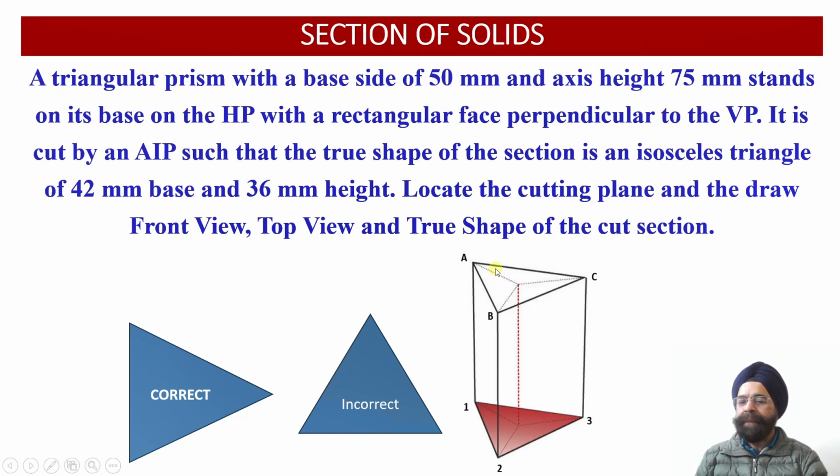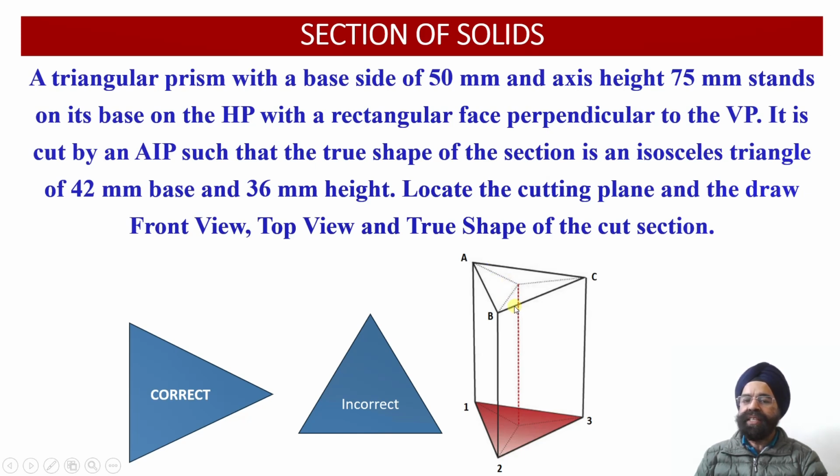So wherever we find a 42 millimeter distance between these two points of intersection along these two adjacent edges lying on the top of this triangular prism, this position of the auxiliary inclined plane on the top face will be identified.